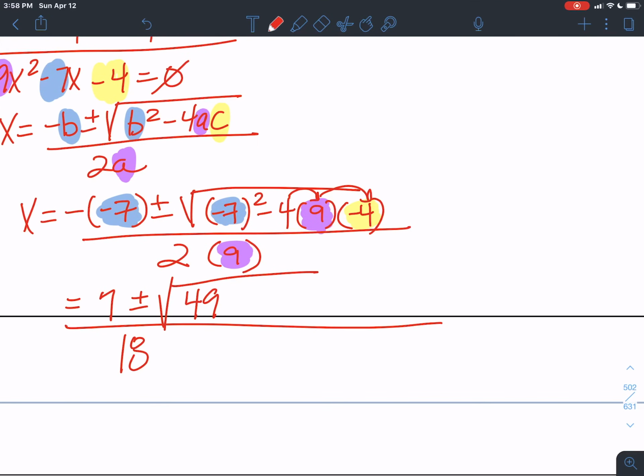Positive 144. Okay, let's go ahead and simplify what's on the inside of that radical.